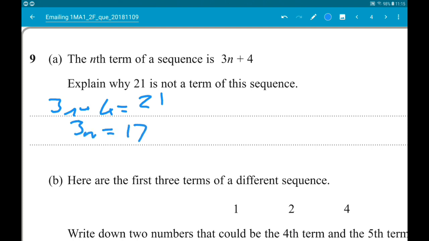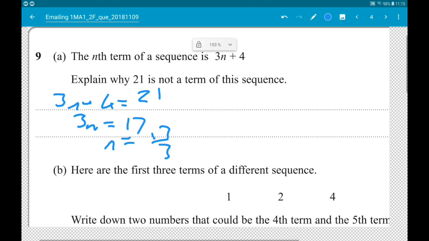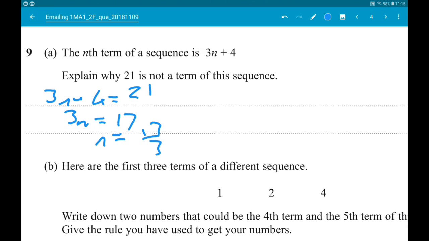And then if we divide by 3, n is 17 over 3, which is not a whole number. So, we could say there is no whole number value for n that makes this work. Therefore, 21 is not a term in the sequence.